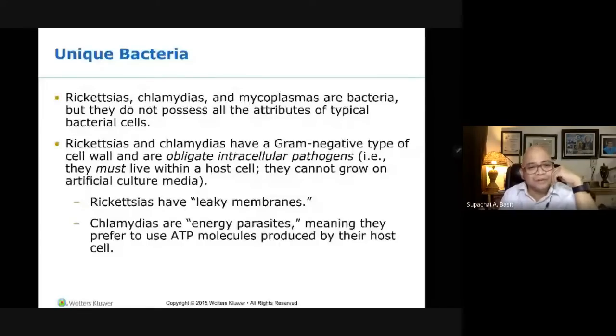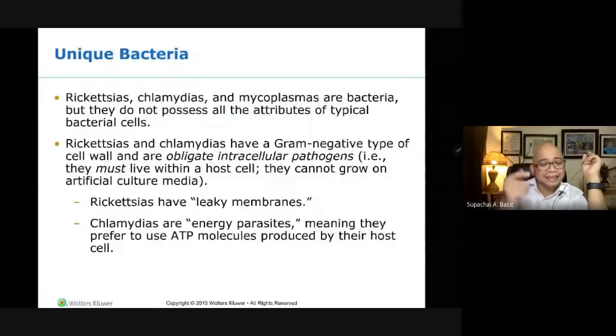There are also some bacteria that are called unique bacteria. Okay? Rickettsias, Chlamydias, and Mycoplasmas are unique bacteria because they do not possess all the attributes of a bacterial cell. So Rickettsia and Chlamydia have a gram-negative type of cell wall, but they are considered obligate intracellular parasites because they cannot be grown in a culture media.